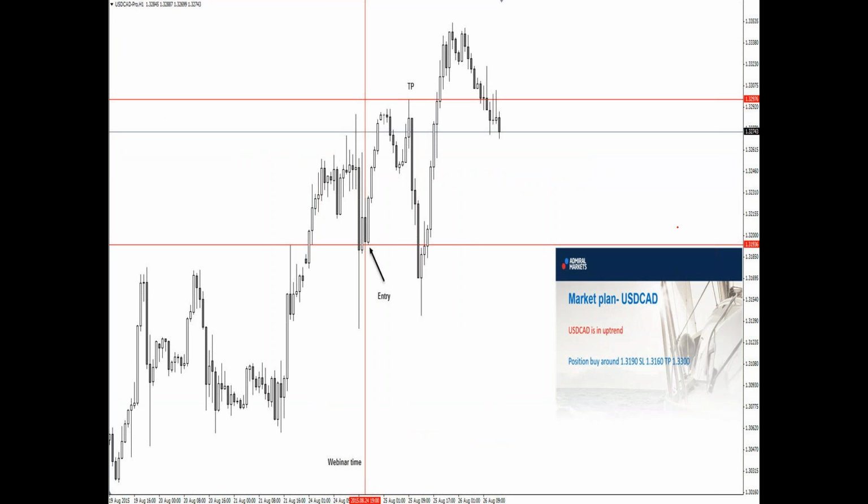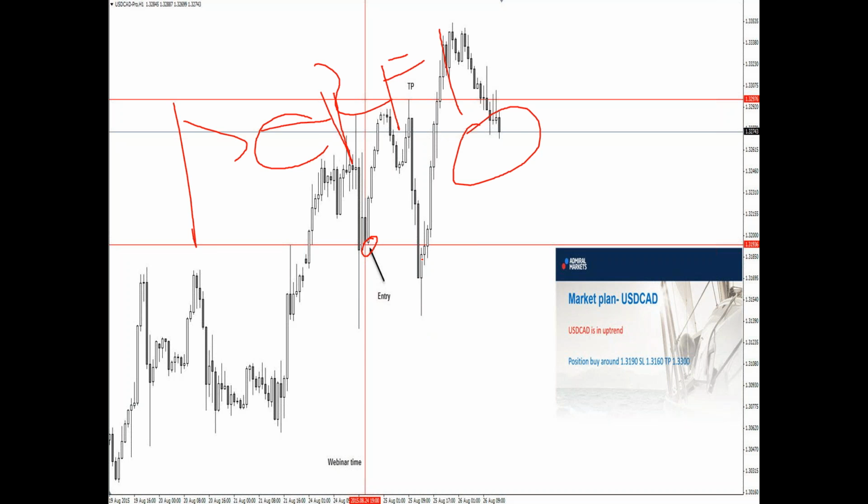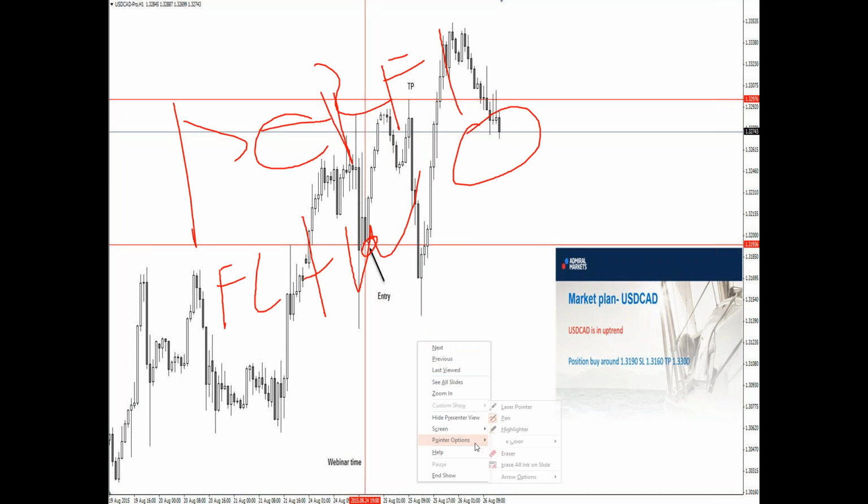Dollar CAD was the clear session recap winner because the trade happened exactly during the webinar. It had no drawdown. This was a perfect trade, and I mean perfect trade, okay? Flawless trade, okay? Why? Because it didn't have any drawdown.